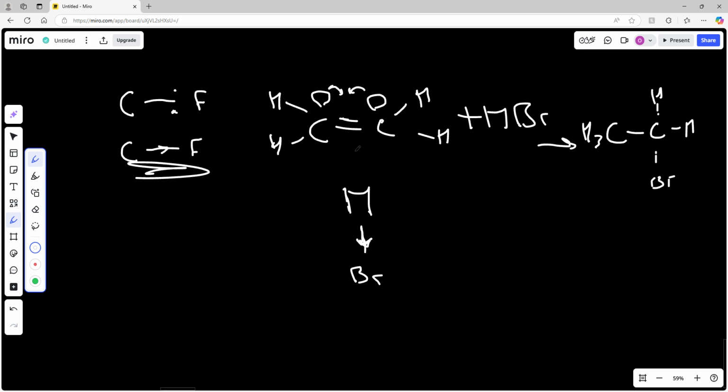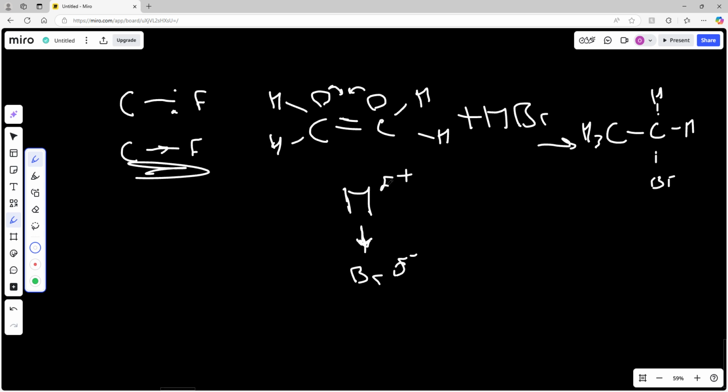So this basically means that electron density is greater. This will attract our hydrogen atom because it's slightly positive, whereas the bromine is slightly negative.